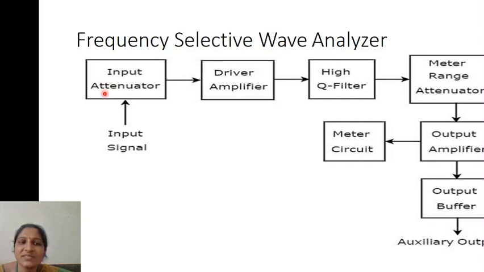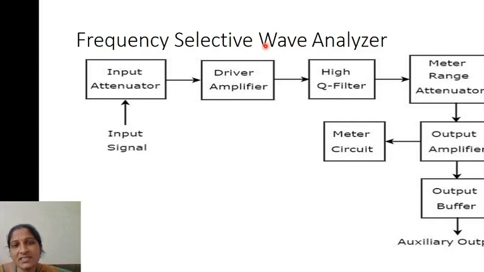Attenuation means stopping. This input attenuator will stop all but the frequency we want, which is allowed by the attenuator. The remaining frequencies are stopped here. Usually, this frequency selective wave analyzer is used for audio frequencies, that means the low frequency range.